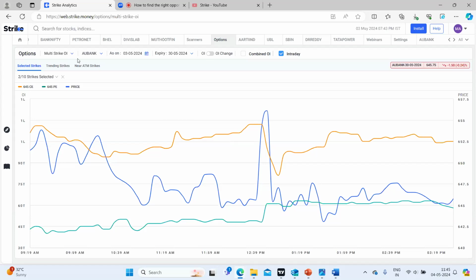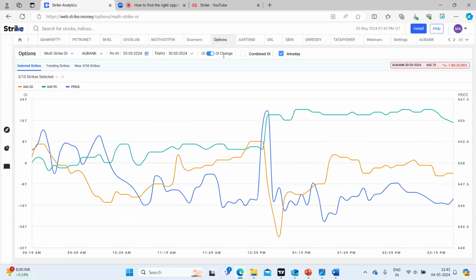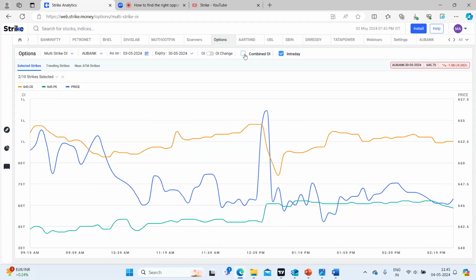If you look at this section, right now this is the total OI of this strike, 645 CE and 645 PE total. If you want to see only what change has happened during the day, then you click on this OI change. And combined OI, sir? Combined OI is for all expiries: current month, next month, far month, all added together. If you untick it, it is only for the current month.